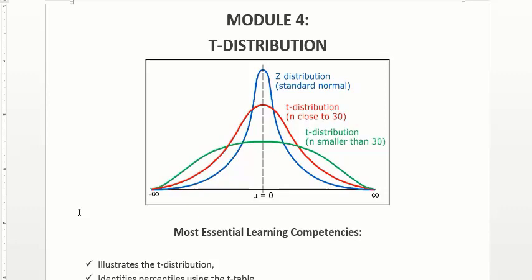And then in module 2, we talked about the normal distribution: the normal curve, the areas under the normal curve, solving problems and finding the areas under the curve, and the standard scores. Determining probabilities, we also did that.